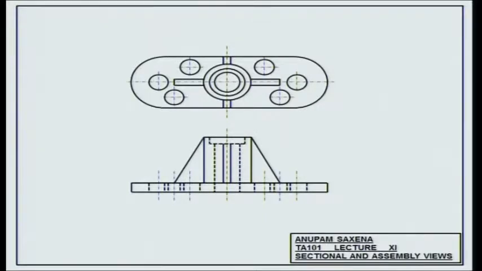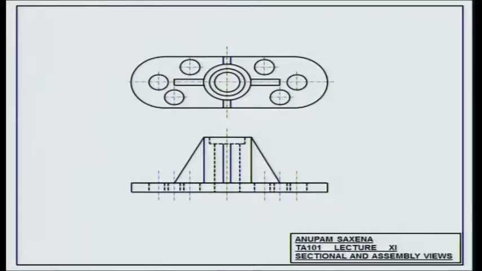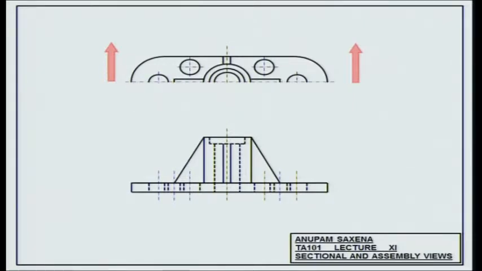Section the object so that the top view is sectioned. This is your section line. This is how the section is depicted by convention. Take the bottom part out and view the object in this direction.